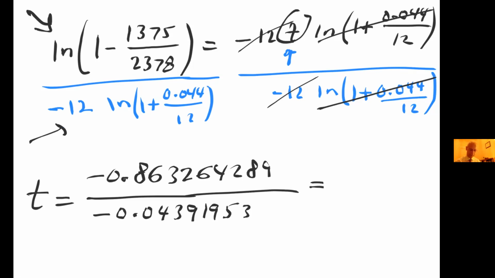The negative cancels the negative, and the numerator divided by the denominator gave me 19.6556. So almost 19.7 years. Remember that t is in years to pay off this loan. Let me know if you have any questions. Thanks.